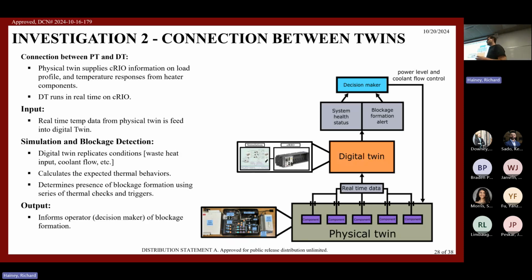If you have to maintain operational capacity of a system, say your power converters, if one of your power converters has become blocked, you can take the power input that goes to that converter and split it off to other converters to help redistribute the power load. And you can then redistribute the coolant to account for that increased power in the other converters.